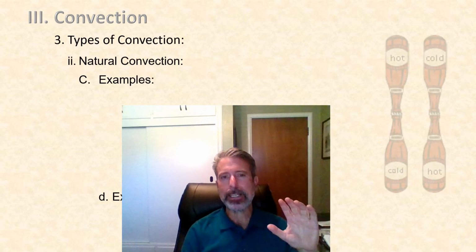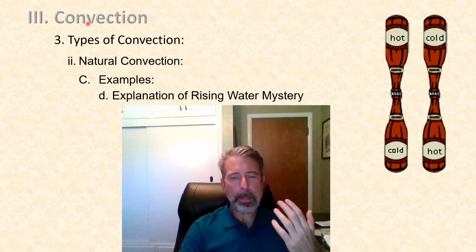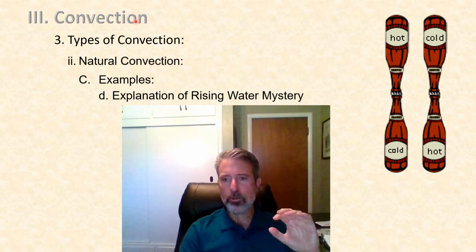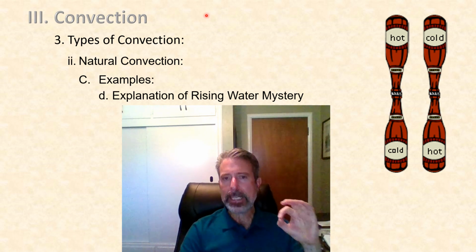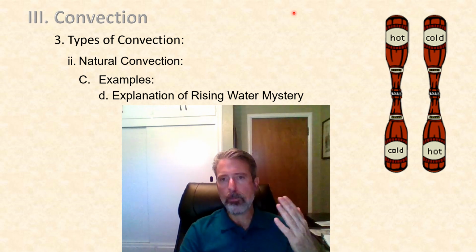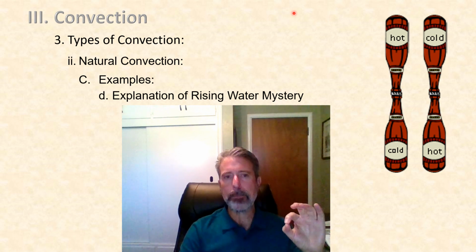All right, so let's see if we can use what we just said about natural convection to be able to explain the rising water mystery. So as you see, because of natural convection, warm water will be less dense than cold water and therefore more buoyant, causing warm water to want to rise up.